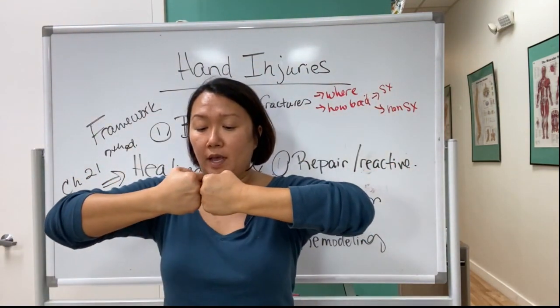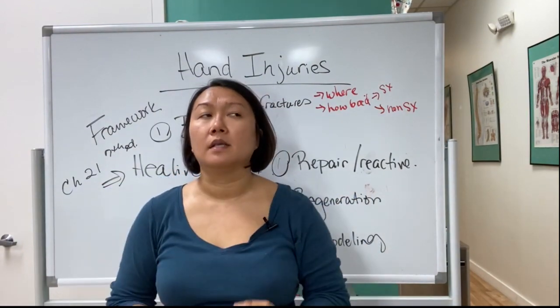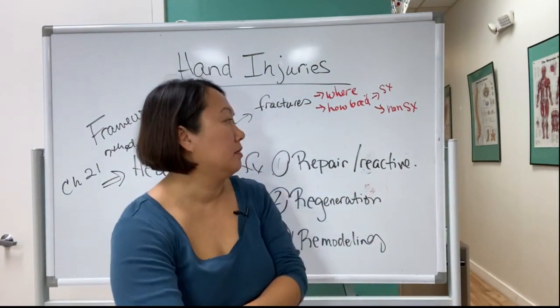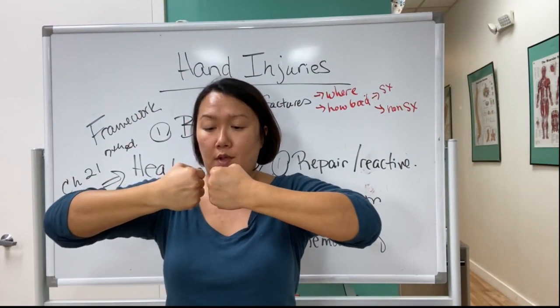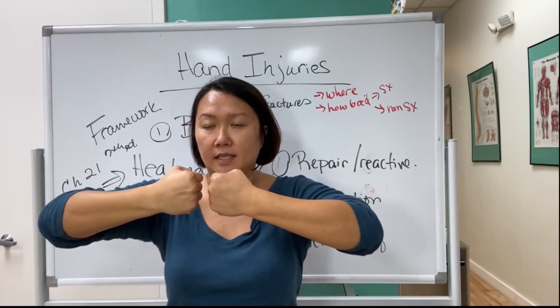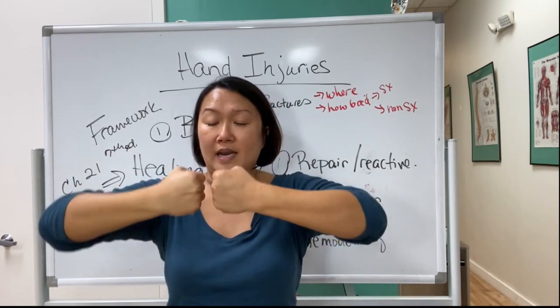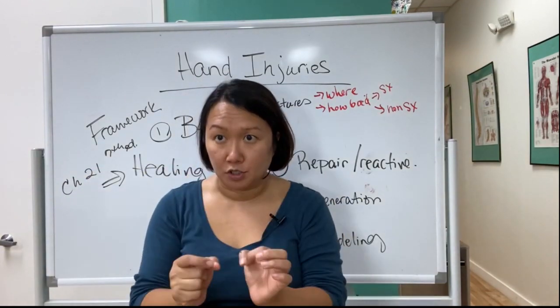If it's displaced but they can put it back, that's called a closed reduction. Let's say it's broken and displaced a little bit. If they put it back and cast it and it stays in place, then they can do a closed reduction.